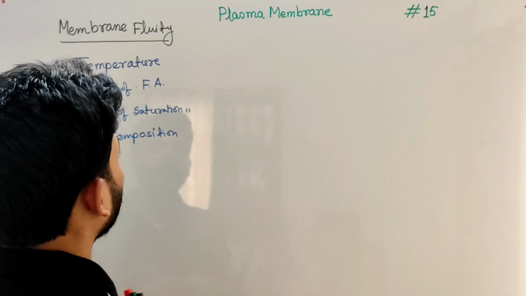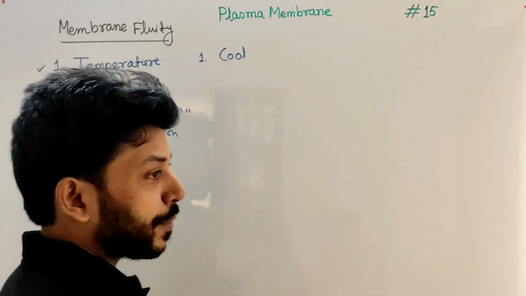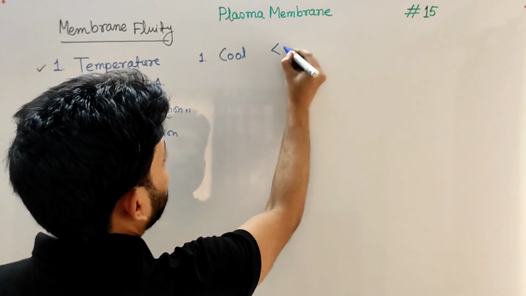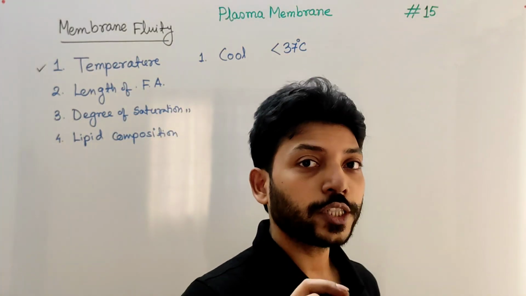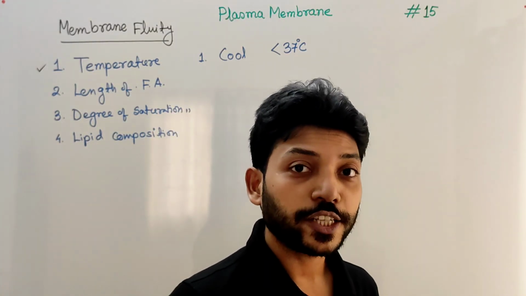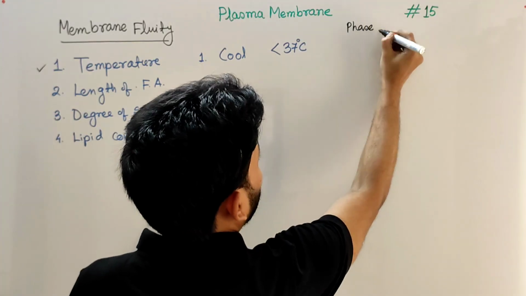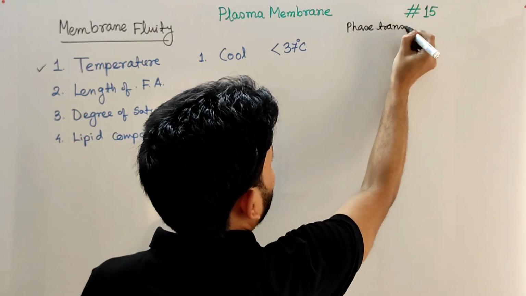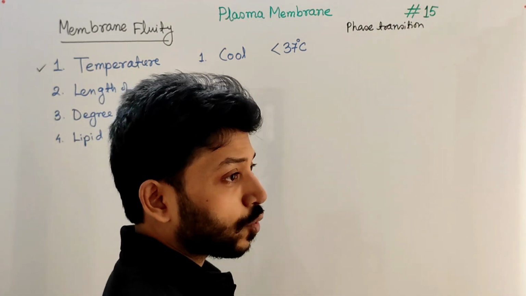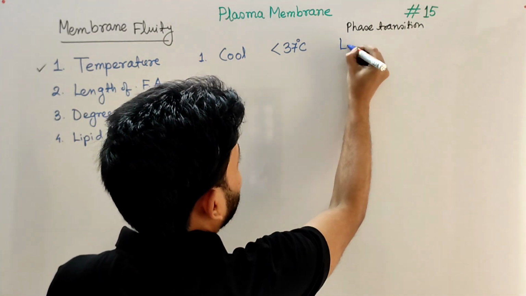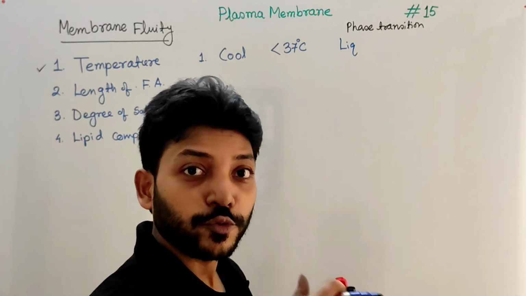So let me point down. If we cool the membrane below 37 degrees centigrade, one very important phenomenon occurs, that is called phase transition. What happens? At 37 degrees the membrane is liquid, fluid in nature.